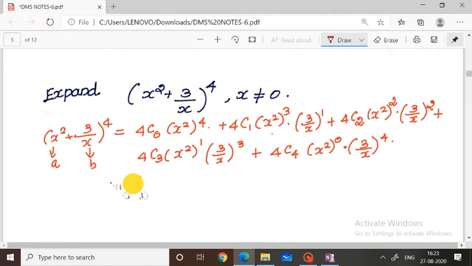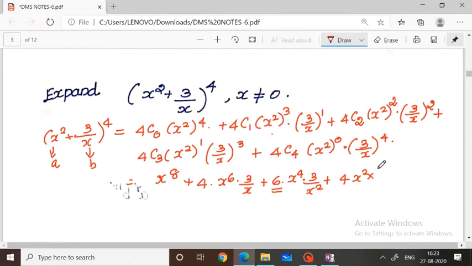So what will the answer be? That is x raised to 8. 4c0 is 1. So the first term's answer is x raised to 8 plus 4 into x raised to 6 into 3 by x plus 6 into x raised to 4 into 3 by x square plus 4 into x square into 3 by x the whole cube, sorry, 3 by x, 3 square, this is 3 square, here 27 divided by x cube plus 4c4 is 1.